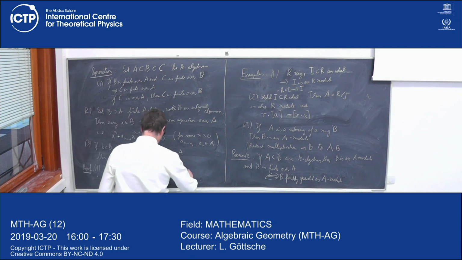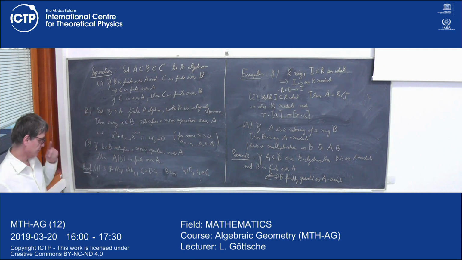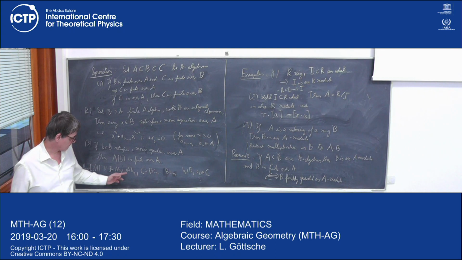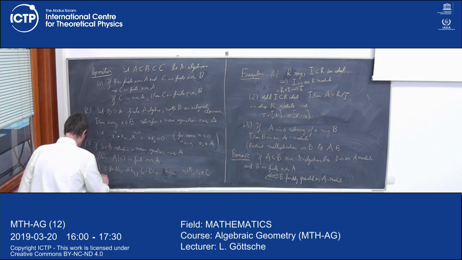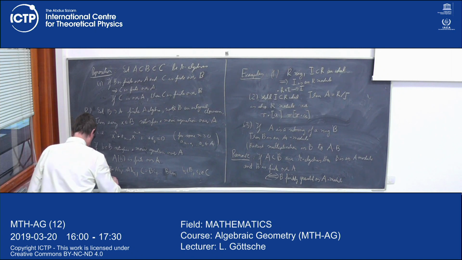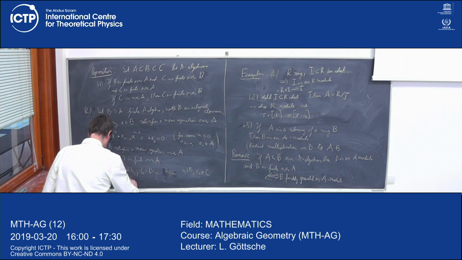So these were bi elements in B and ci elements in C. Then obviously that means you can write any element in B as a linear combination of the bi, and every element in C as a linear combination of the ci with coefficient in B. Then it follows obviously that we can combine this, namely C is equal to the sum over i equals 1 to m, j equals 1 to n, of A times bi cj.